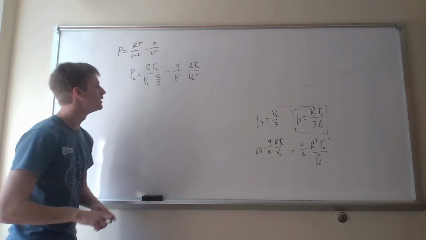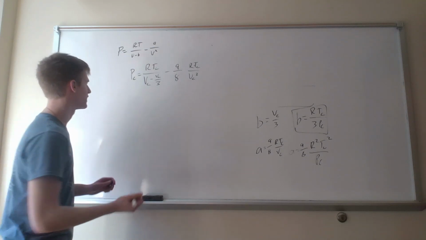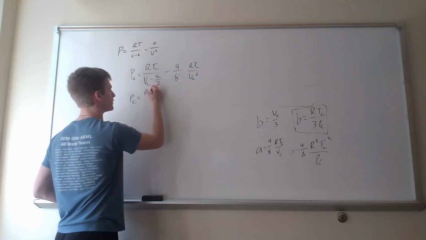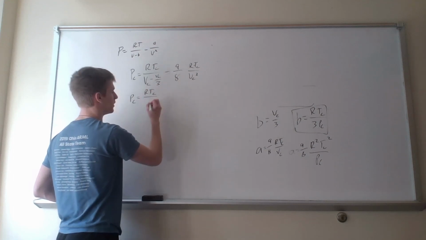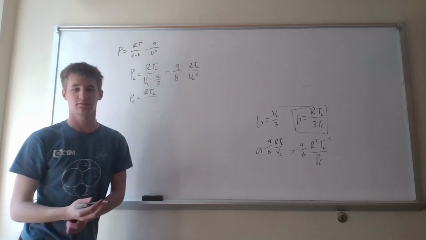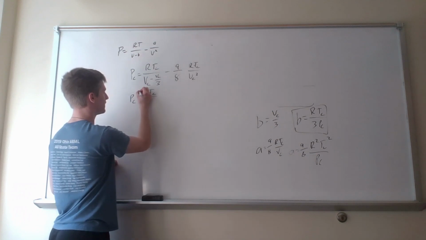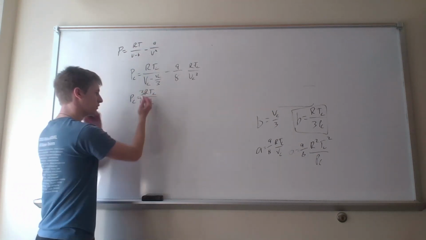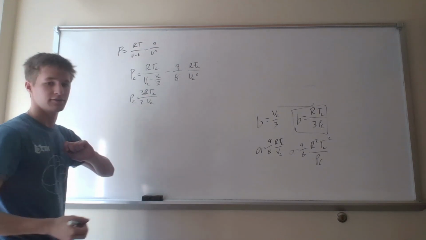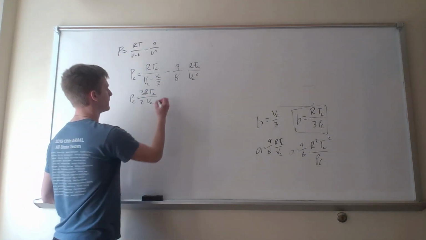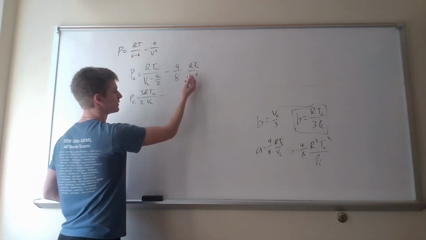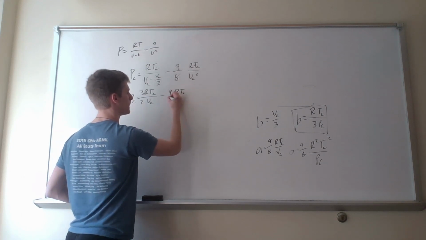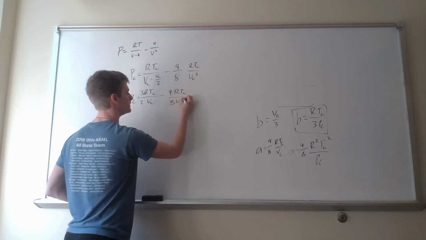So if we do some simplification, we get Pc equals RTc over 2/3 Vc, right? And if we flip that, we will have 3/2. So 3 RTc over 2 Vc minus this term, 9 RTc over 8 Vc cubed.